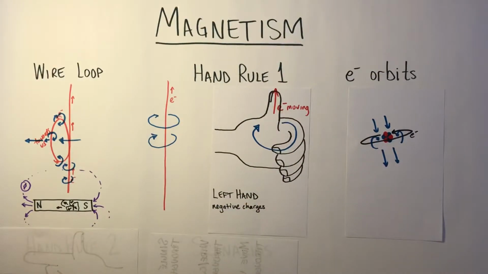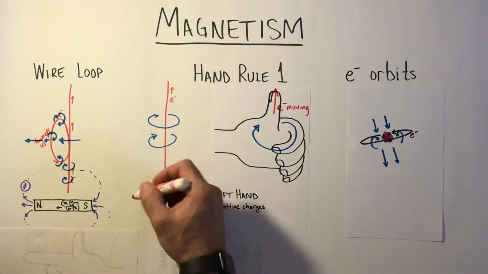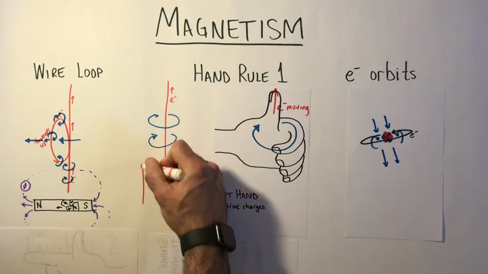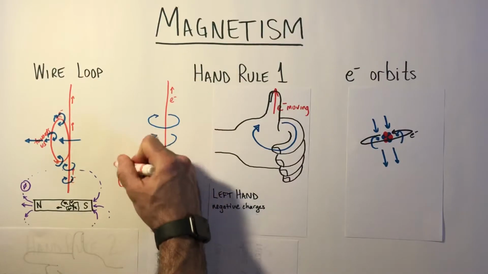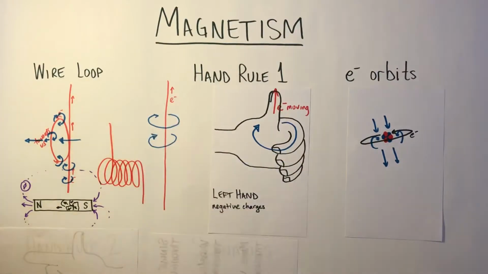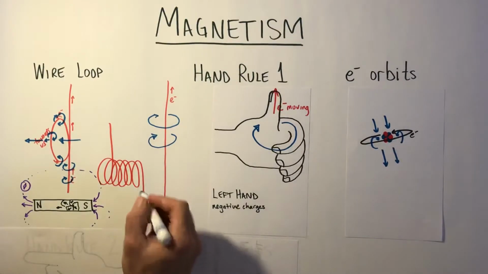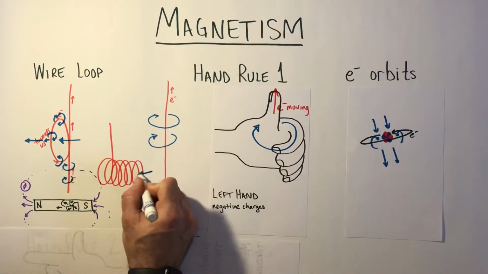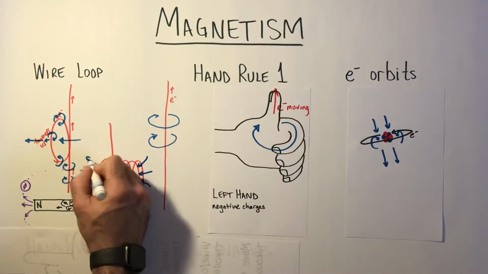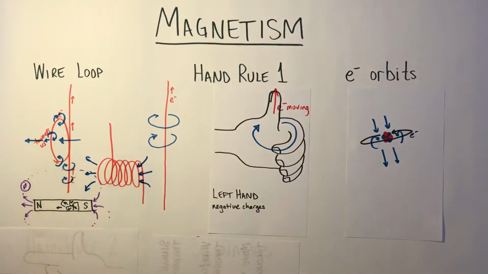We can get the same thing with loops of wire stacked up on top of each other. So in here we drew one loop. Well, if we had loop, loop, loop, loop, loop, and out, then that would make an even stronger overall field that would be going into one end and out the other end. All right, so you can start to see the basis of what an electromagnet is.